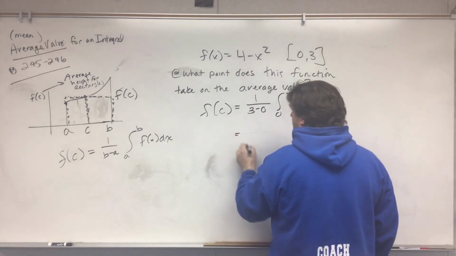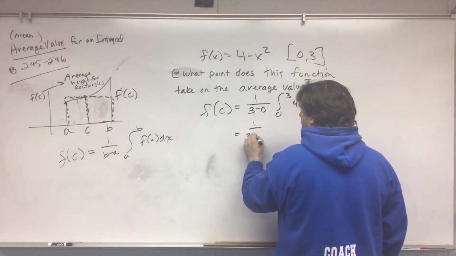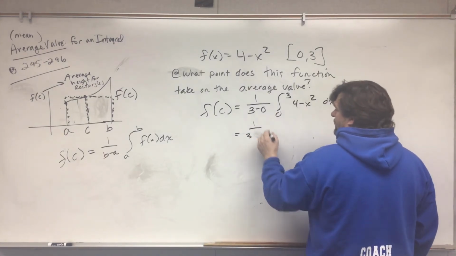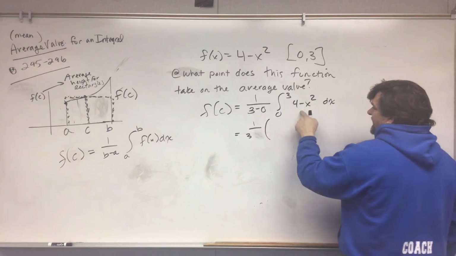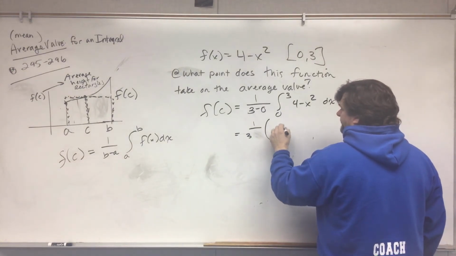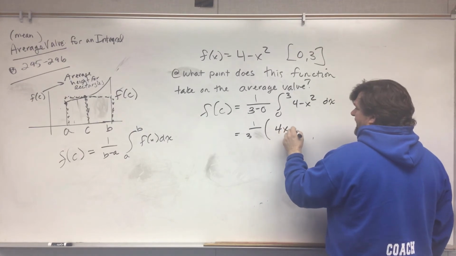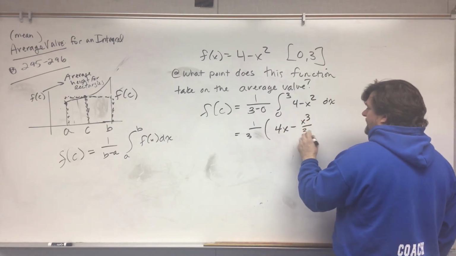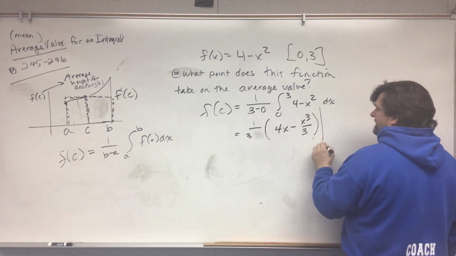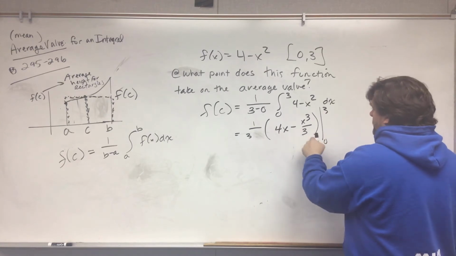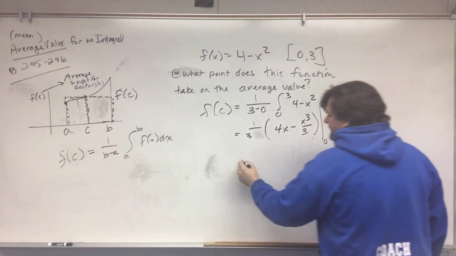Now we work with this. We get 1 over 3 minus 0, which is 1/3, multiplied by the integral, which is 4x minus x to the third over 3, evaluated from 0 to 3. If I plug in 0, I get 0 across the board, so we're just evaluating at 3.